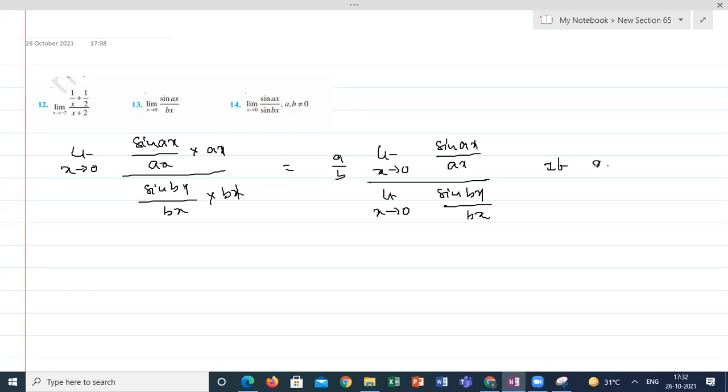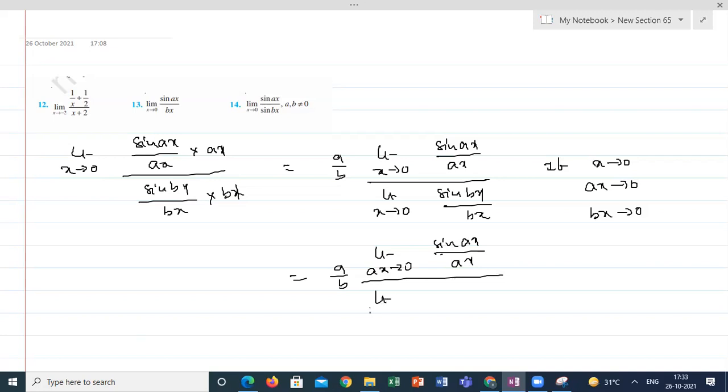If x tends to 0, ax also tends to 0, bx also tends to 0. So a by b, limit ax tends to 0, sine ax by ax divided by limit bx tends to 0, sine bx by bx. So answer is a by b into 1 by 1. So final answer is a by b.